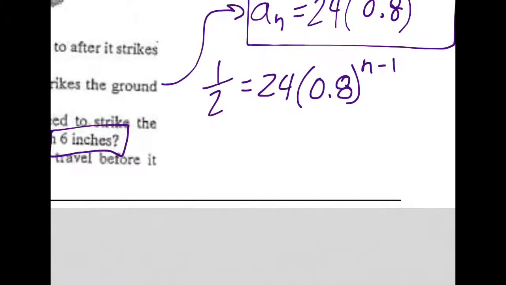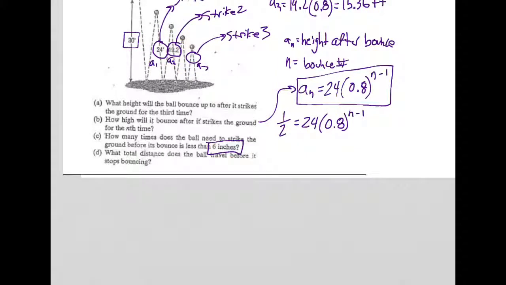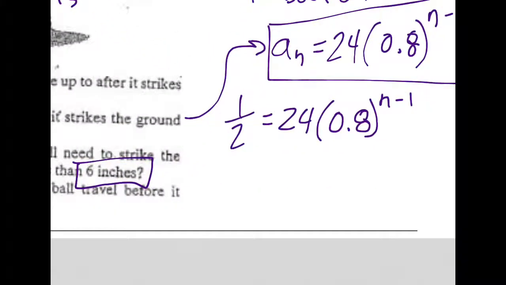So starting over, 1/2 is what we're setting our sequence equal to, because we're saying how many bounces would it take to get us to an exact height of 6 inches, which is 1/2 of a foot. Well, now we can divide by 24 to get 1/48 equals 0.8 to the power of n minus 1.